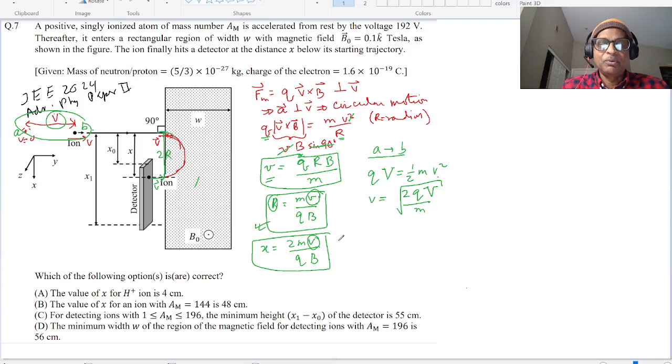So now we put that in here, and this becomes 2 m over Q B times the square root of 2 Q V over m.